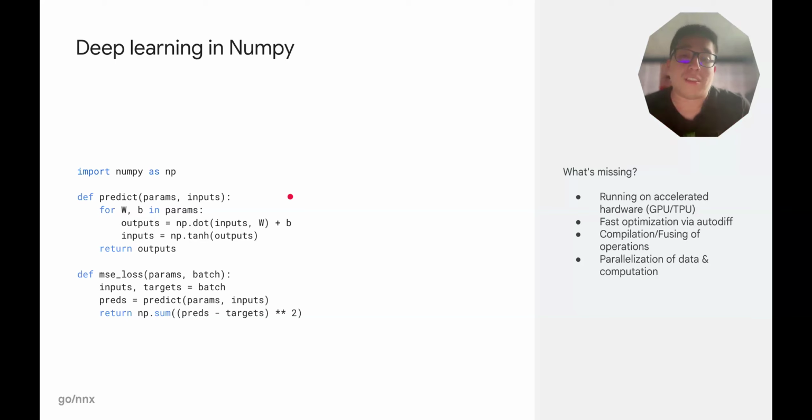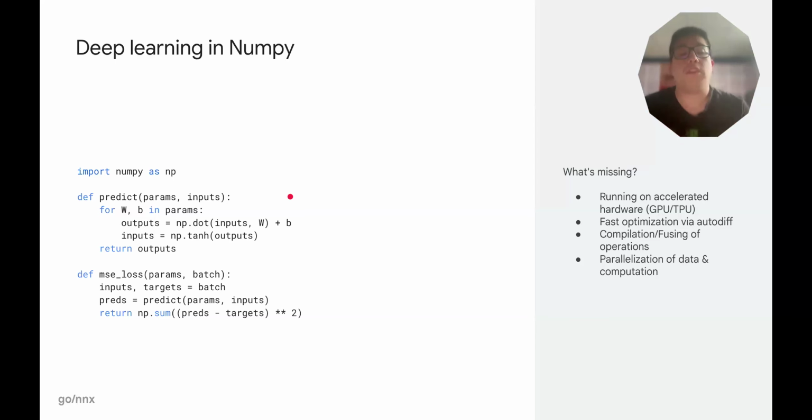If you want to optimize this code, you might need to do hand optimization via compilation and fusion of operations. We also want to be able to take the gradient of the mean square error, and to parallelize data and computation. And this is not something that NumPy can do, right? This is very hard, and that's why we have tools like TensorFlow and PyTorch.